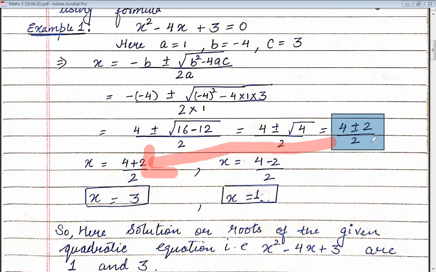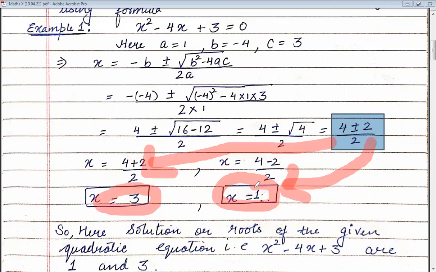Okay, and the second one you will get when you take minus in account, that is x is equal to 4 minus 2 upon 2. So when you solve these two things, you will get x is equal to 3 and x is equal to 1. Okay, so both values are the roots of the given quadratic equation.